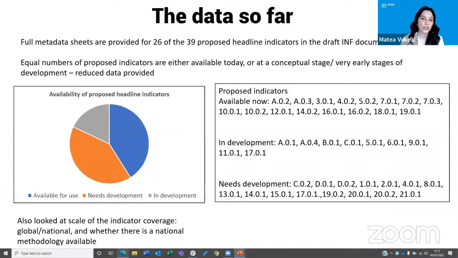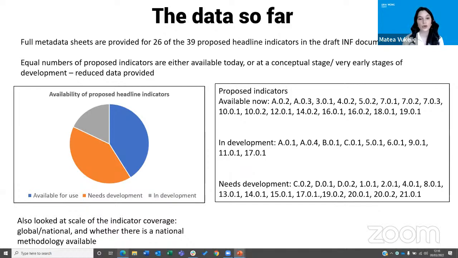If we just look at the pie chart on the screen, we can see that we have the exact same number of indicators that are available today as we do for the ones that need development. So the pie chart on the blue section shows 40% of those indicators available today, 40% of those need development, and 20% of the indicators are in development stage, which means they'll be ready within the next 2 years.